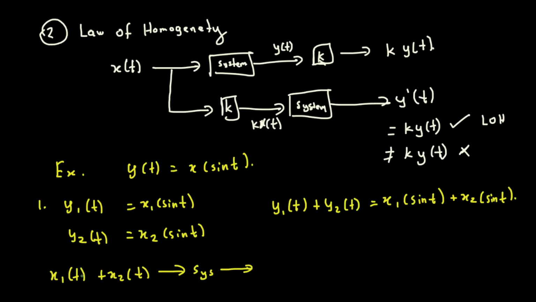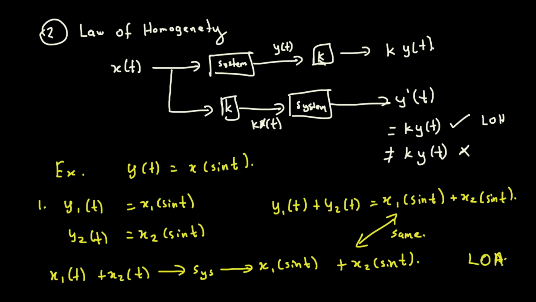So these times will be replaced with sine t, and we end up getting x1 of sine t plus x2 of sine t. If you compare, these two are the same. Therefore it satisfies the law of additivity.